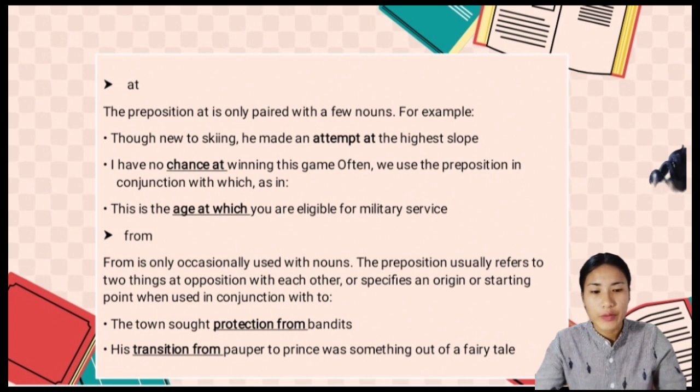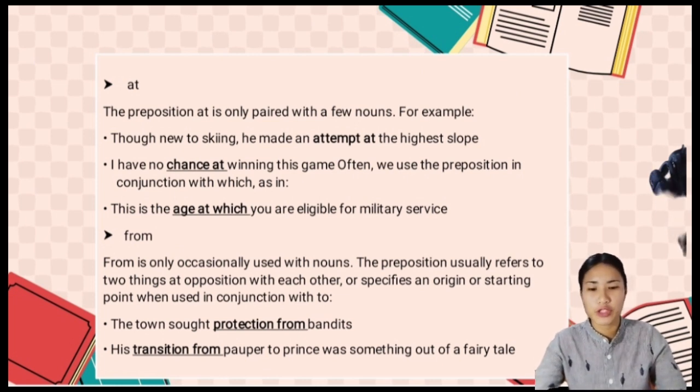So here we can see the preposition at in the first example, attempt at, in the second example, chance at, and in the last example, age at which. So here we use which after the preposition at.